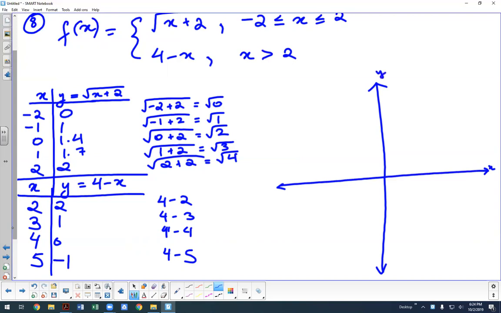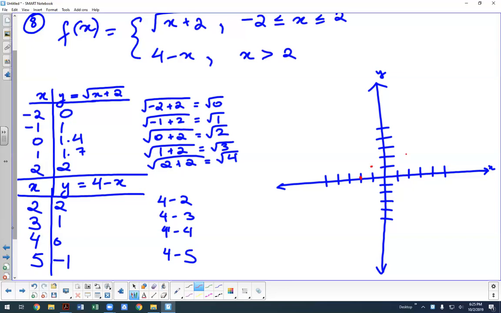So we're going on to 5. So let's see, we're starting out at -2, 0. -1, 1.